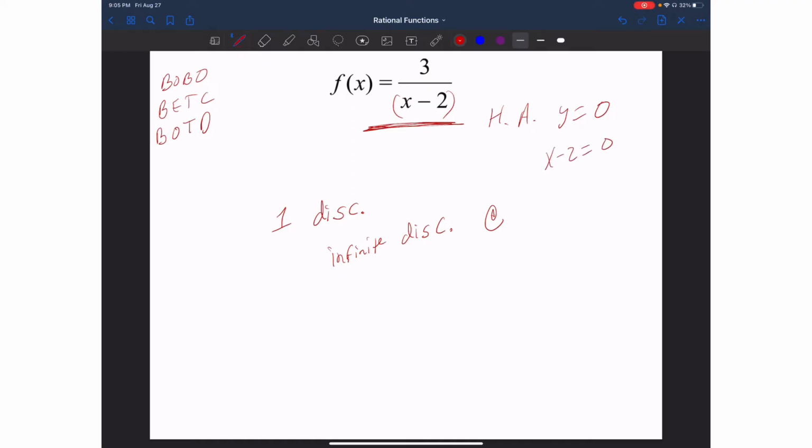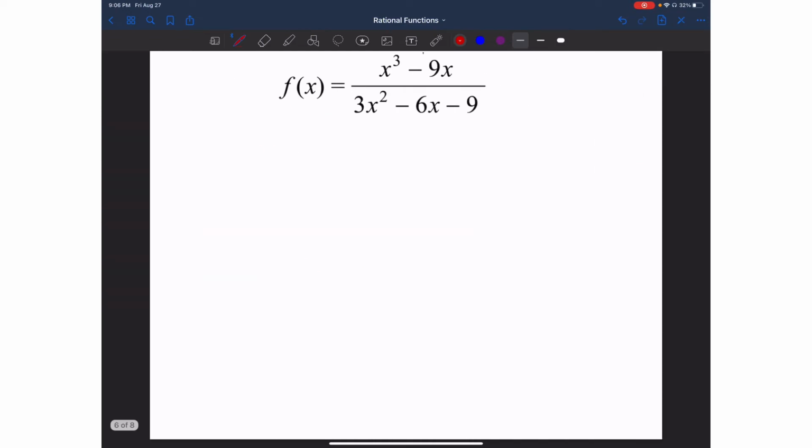So now to figure out the exact place that it happens, I have to add 2 to both sides, and then I get x equals 2. So that's where my infinite discontinuity will happen, at x equals 2. Notice how it is an equation, because it's going to be a vertical line that your graph is never going to cross. Let's look at another example.